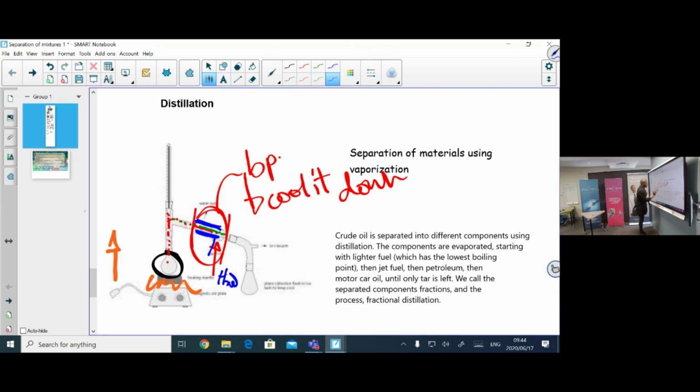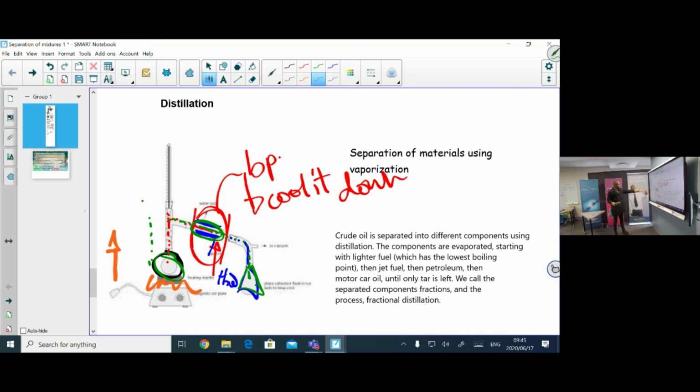And once it starts to condense, we collect it in a separate beaker, and there we are having our substance that was separated from the original mixture by vaporizing it and allowing it to pass through a cool surrounding such that it can condense and now be collected again. We vaporize, we cool it down, we collect it again.